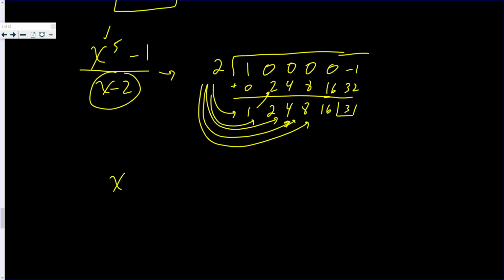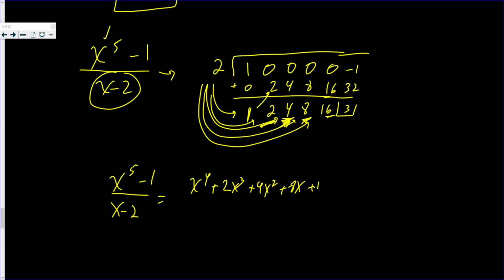And now we know that x to the 5th minus 1 over x minus 2 is 1x to the 4th plus 2x cubed plus 4x squared plus 8x plus 16 plus 3 divided by x minus 2.